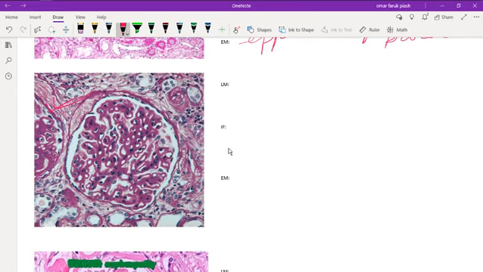Another feature is antibodies to the phospholipase A2 receptor.